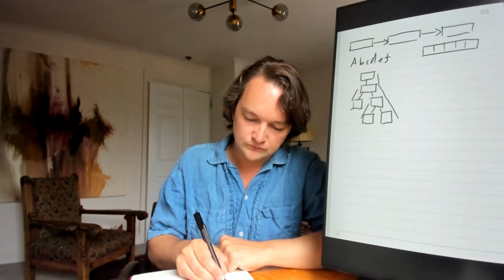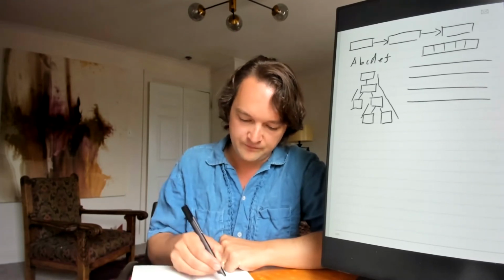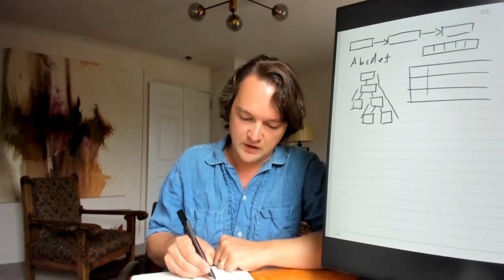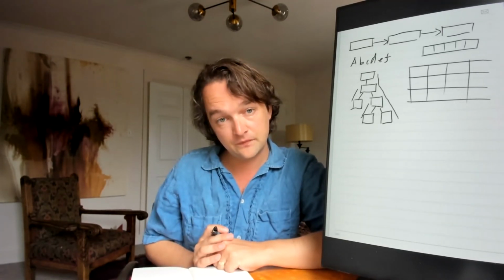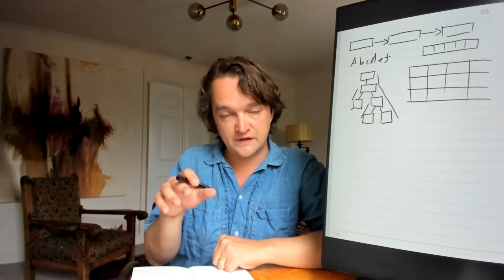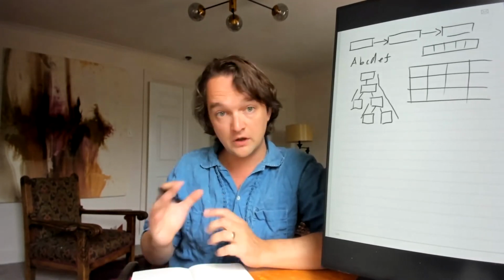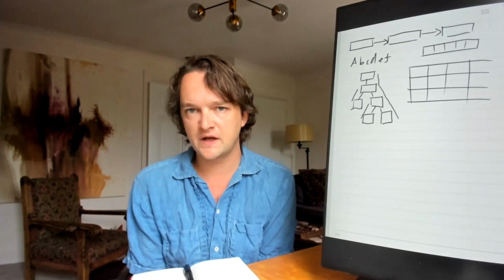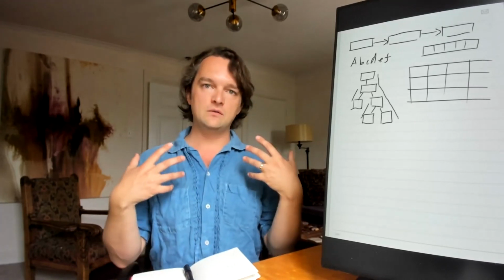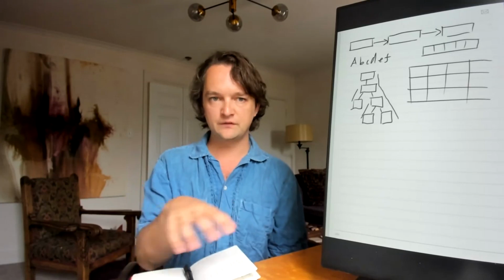Similarly, you can arrange a number of sequences together, interleaved like this, to make a table. These tables, these sequences, and these trees are very useful. I would say that probably 95% of the things that the regular computer user does with their computers falls into one of these categories.